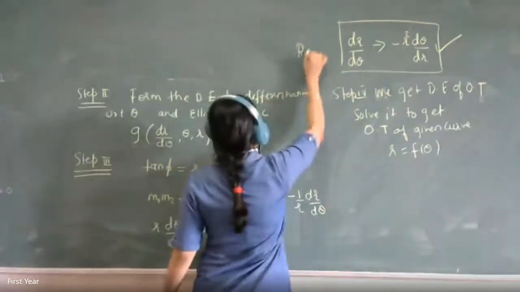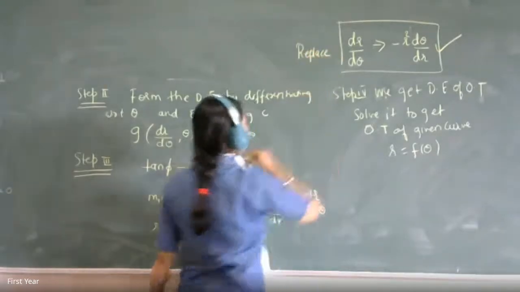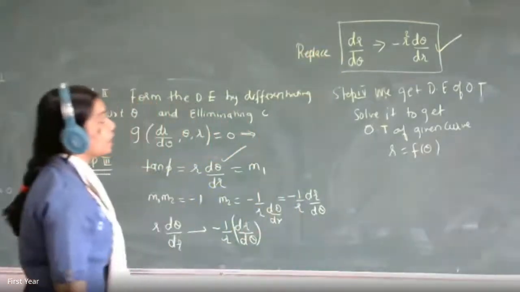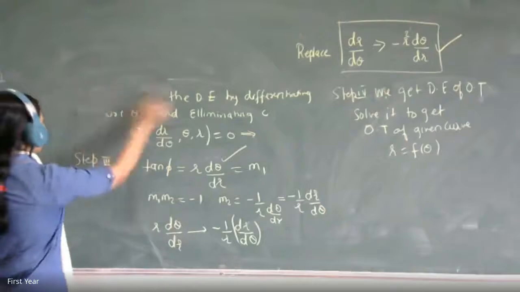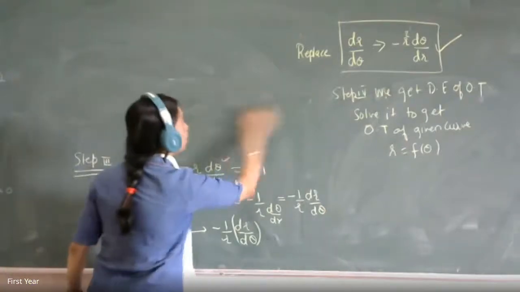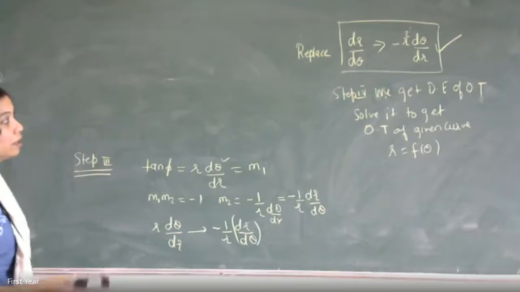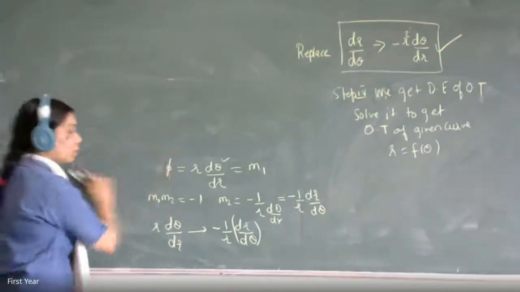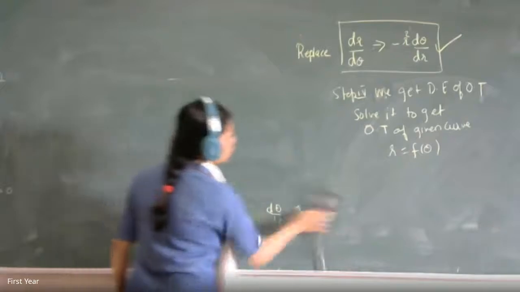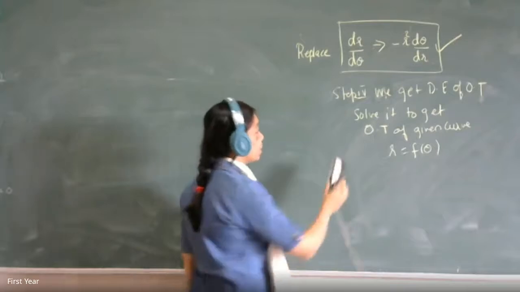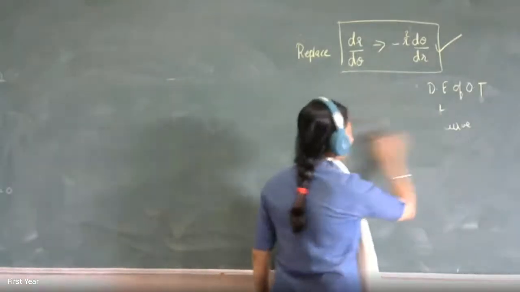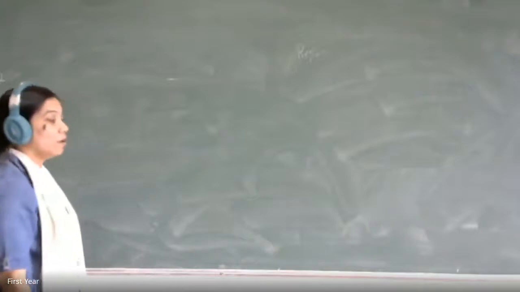How you get it? I have written here. Replace dr by d theta by minus r square d theta by dr. And finally, solve the differential equation of orthogonal trajectory to get the equation of orthogonal trajectory of the given curve.